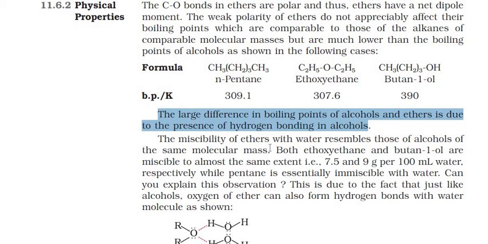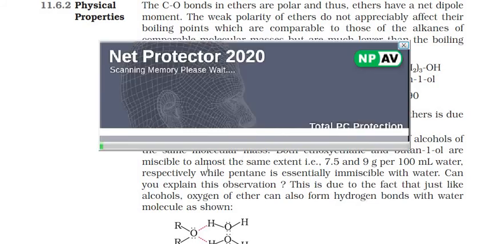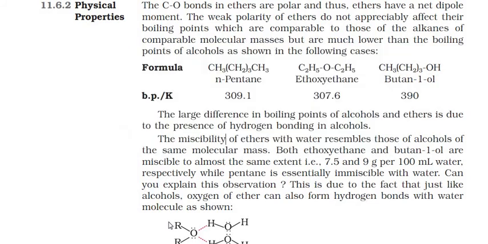Okay, now the next paragraph, it is written miscibility. Before proceeding, you need to understand what miscibility is. Miscibility is like if you are adding two solvents together and you cannot separate these two solvents by a distinct boundary, they are called miscible in each other.